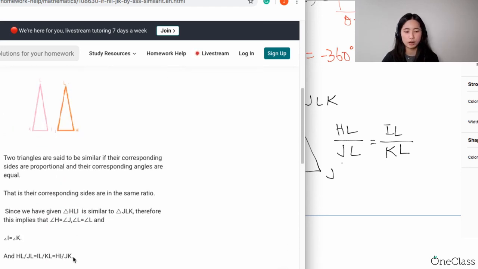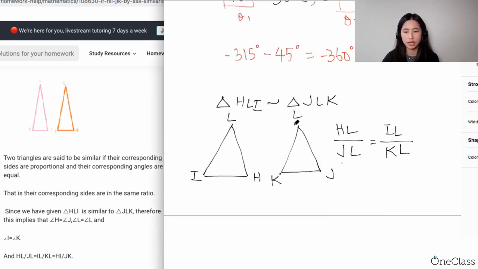Yeah, they need to come up with another side of the triangle. So you need to have your IH or HI and this KJ or JK rather. It's up to you whether you name this as IH, just make sure it's consistent. If you read it as IH, it has to be KJ. And if you read it as HI, it has to be JK.